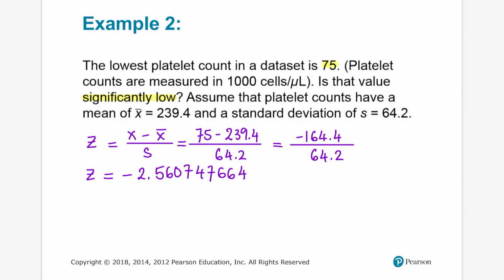For a z-score, I am going to round it to 2 decimal places. So that is going to be negative 2.56. So 75 has a z-score of negative 2.56, which is negative 2 or less. Then 75 is significantly low.